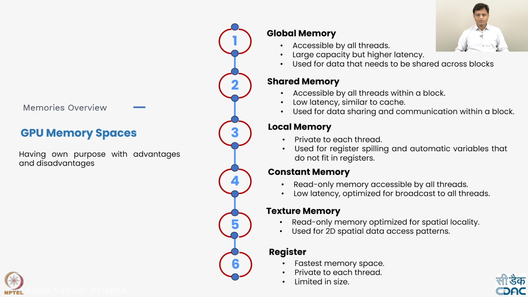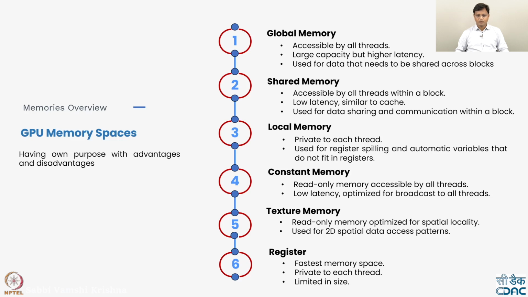Suppose one thread has to use around 8 registers, but it has more data, and 8 registers are not able to fit the data and it is spilling over. In that scenario, local memory comes into action automatically, and the spillover section will be allocated to the global memory. That is the reason local memory is always private to each thread.